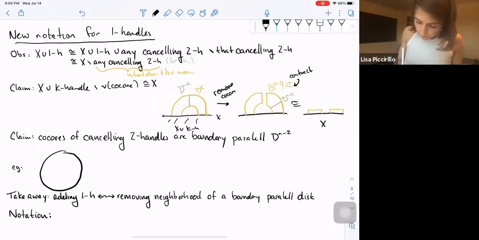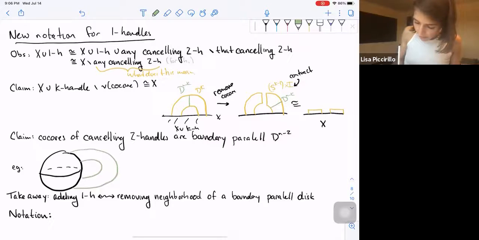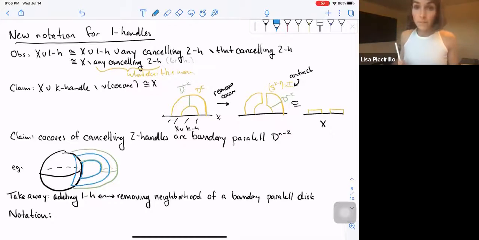And the example will be three-dimensional. So here's B^3. Maybe it has a one handle stuck to it, and then a canceling two handle stuck to that. All right, so where's the co-core of the canceling two handle here?